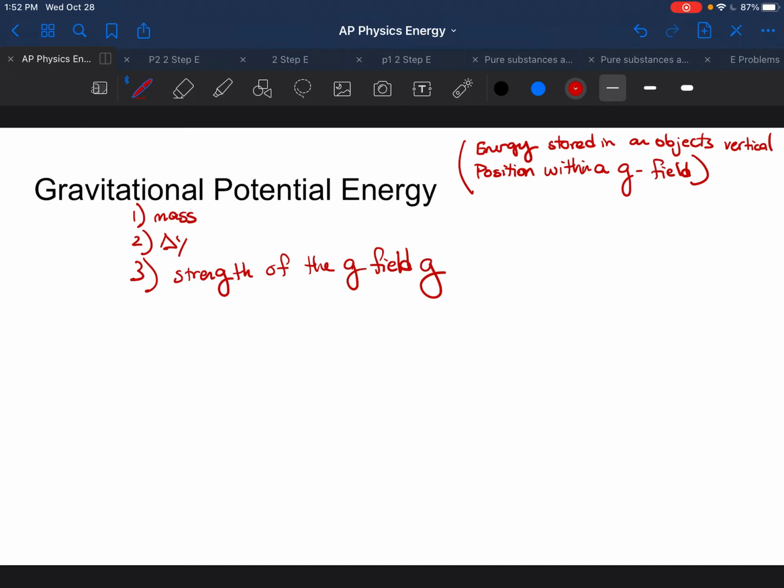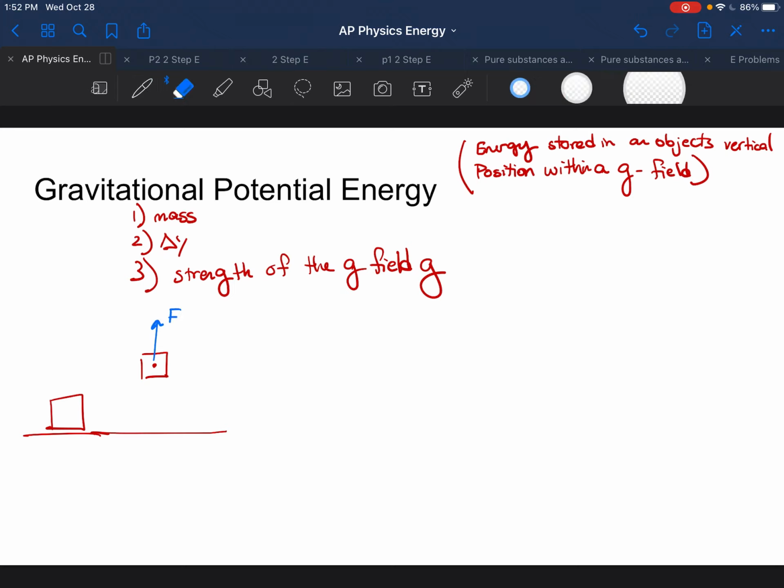Now, let's consider this scenario here. Let's say we have a block at the surface of the Earth, and then we start lifting it at a constant velocity. Well, in order for the block to rise at a constant velocity, we know that whatever applied force we have up must be equal to the gravitational force down.